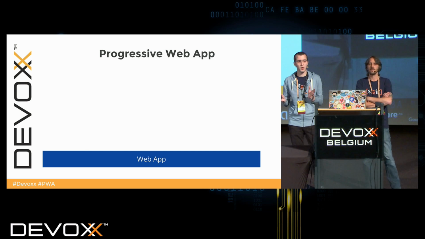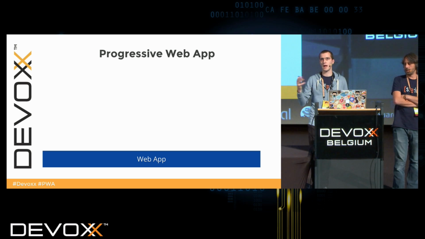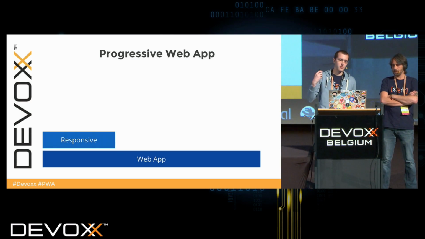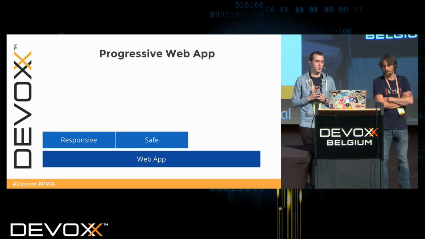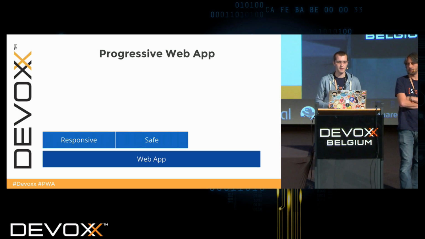Firstly, a progressive web app is a web app, like you can make today with Angular, React, vanilla JavaScript, or other things. It's responsive, to fit all screens, with Bootstrap for example. It's safe: we must provide a secure application with HTTPS.